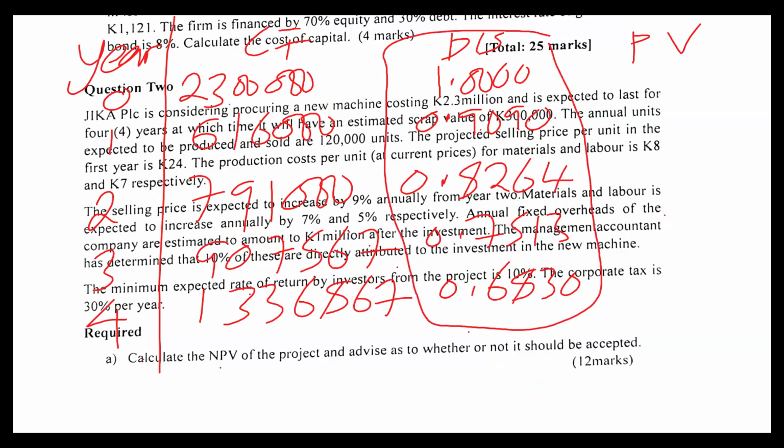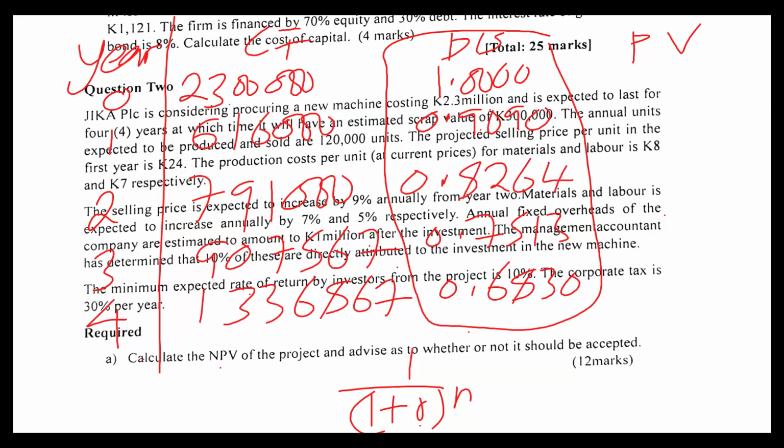You say 1 divided by 1 plus R raised to the power n, where n is the year number. Your R is the discounting rate in decimals. We are saying the rate we are using is 10%, our expected rate of return.